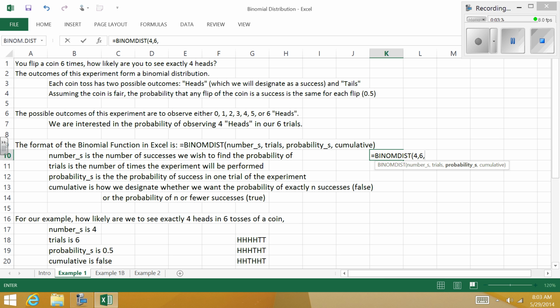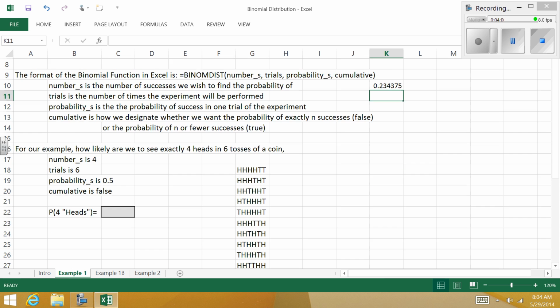The probability in any one of those 6 tosses that we get heads is 1/2 or 0.5. And then we're going to use the word false because we want the probability of exactly 4 heads. And we'll get a number between 0 and 1 because all probabilities need to be between 0 and 1. So there's a 23% chance, approximately, of getting 4 heads in 6 tosses of a coin.